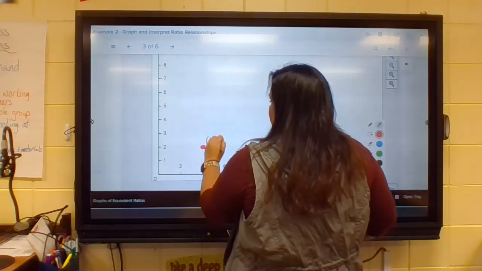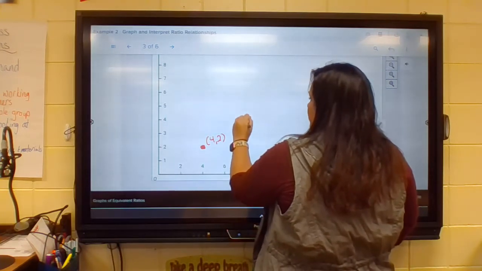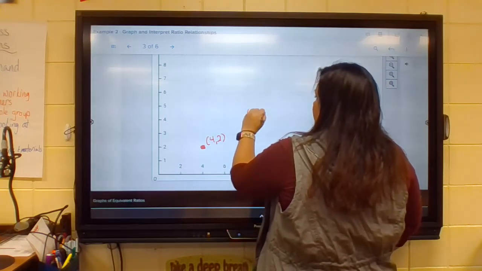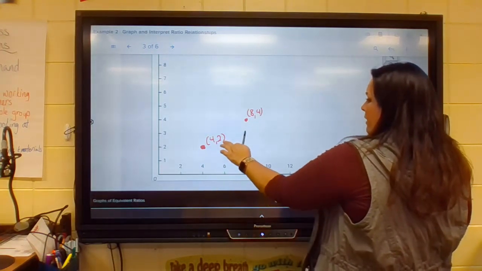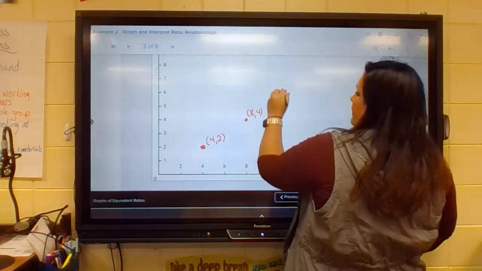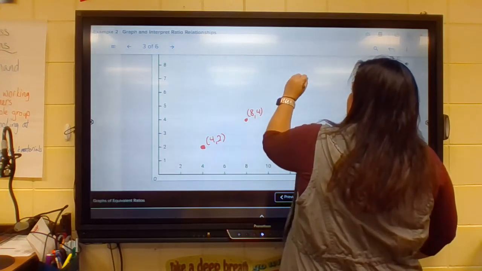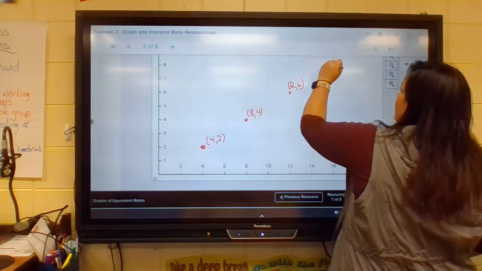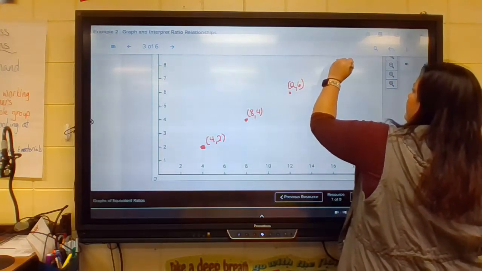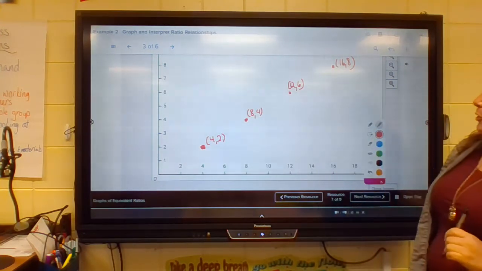Then the next point was 8, 4. And then we had times 3, so that would be 12 and 6. Then we had 4, which was 16 and 8. And our final point would be up higher. So we'll just graph those ones.